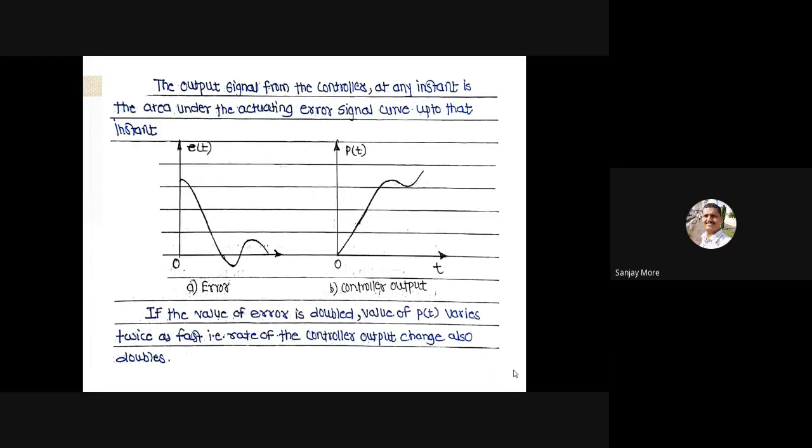Draw these two graphs. The first one is related to the error and the second one is related to the controller output. Draw it.